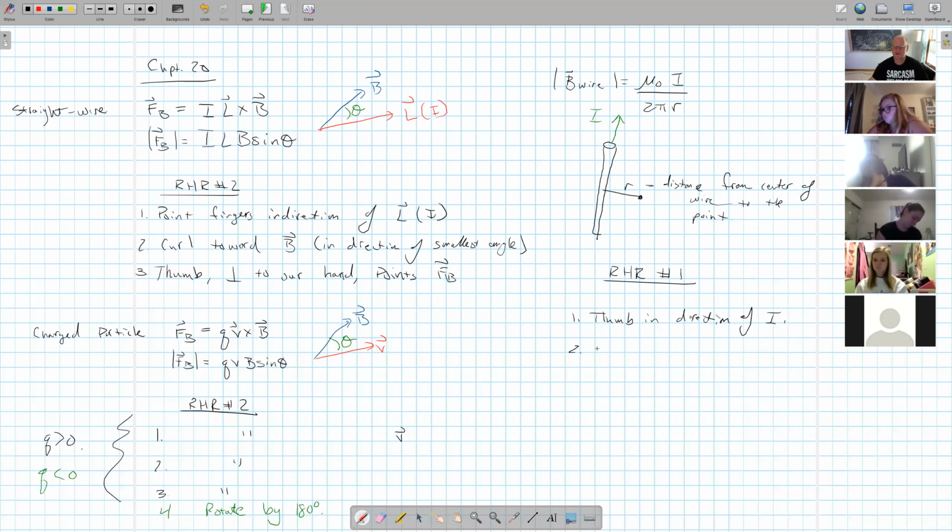Number 2, fingers curl in direction of B. Okay. So here, current's going in this direction, so my fingers curl around in the direction of the magnetic field. So that means my magnetic field in this case curls in this direction. So this is B. Okay.